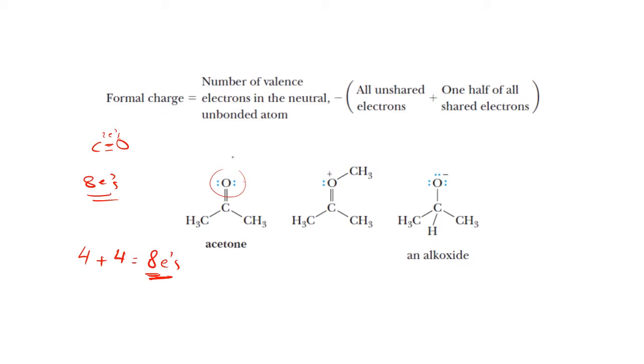Now let's assign the formal charge for the oxygen atom itself. The formal charge for the oxygen would be equal to the valence electrons, and I have 6 valence electrons for the oxygen, minus the number of unshared electrons, which is 4, since I have 2 lone pairs. Plus half multiplied by the number of shared electrons, which are 4 electrons, since each bond contains 2 electrons: 1, 2, 3, 4.